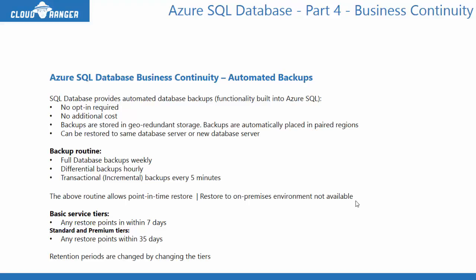The restore points are there within 7 days. So we're talking about some sort of retention here. For the basic service tier, the restore points are within 7 days, and for the standard and premium tiers, all the restore points are within 35 days. So it gives you enough time. You have 35 days where it will give you all these restore points, and after that, it's basically archived.